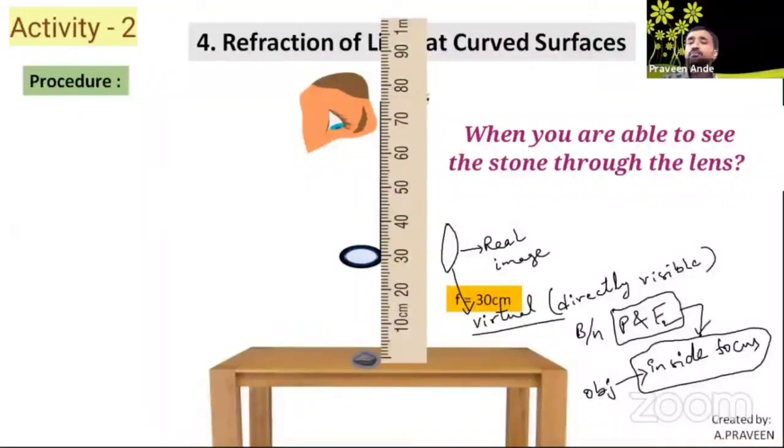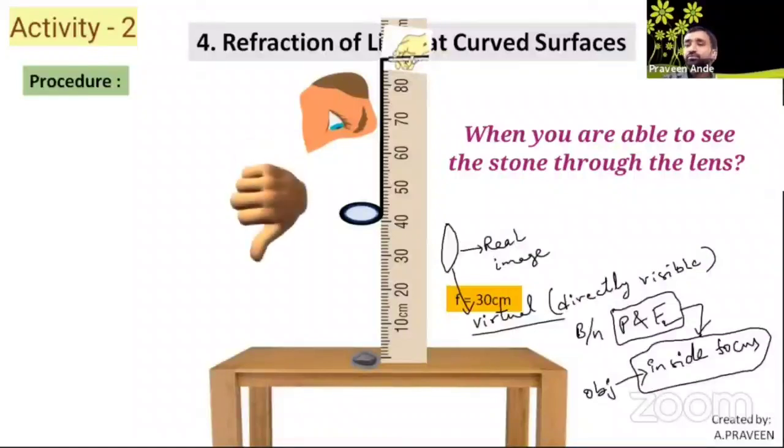Then slowly move the lens somewhat above 30. Then ask your friend. Not visible. What is the reason here? Why is he unable to see? We have not removed that object. It is on the table only, but it is not visible. Reason?